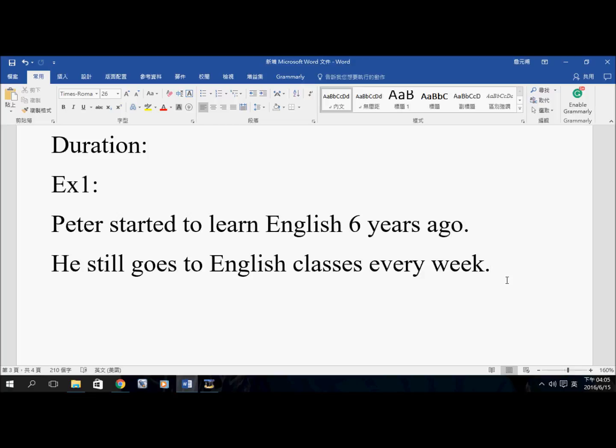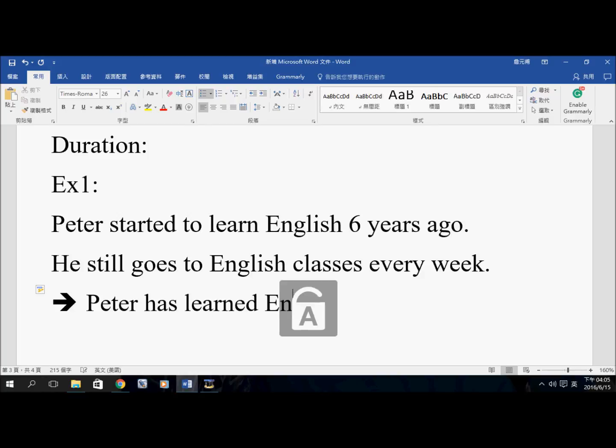It will be better than using the present perfect continuous, because we use the present perfect continuous to emphasize the fact that a person is still doing something at the moment. So for example number 1, it's better to use the present perfect. So we say Peter has learned English for 6 years.